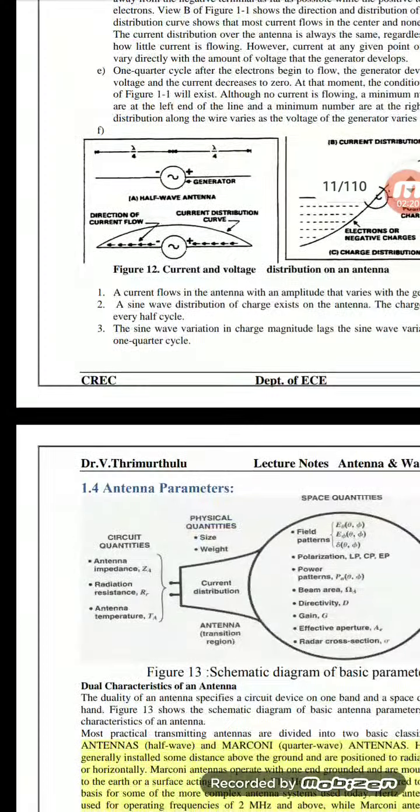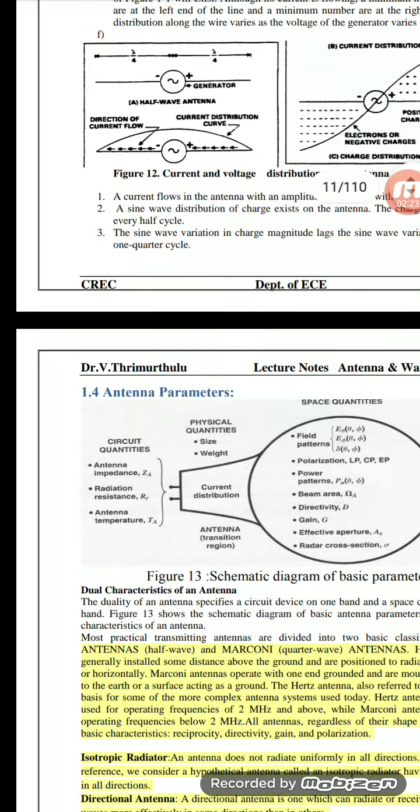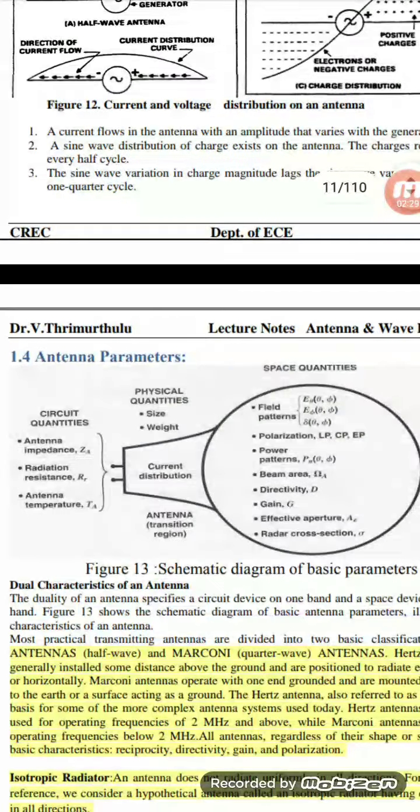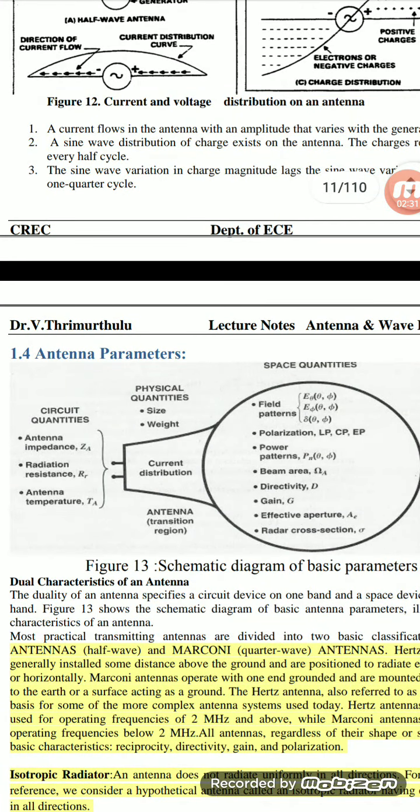Next, go for parameters. The antenna parameters are mainly in this block diagram, the schematic diagram of the basic parameters. First, field parameters and polarization parameters, power, beam array, directivity and gain, effective aperture, and radar cross section. Then circuit quantities: antenna impedance, radiation resistance, and antenna temperature T. Next, physical quantities: size, width, current distribution, and antenna transactions.